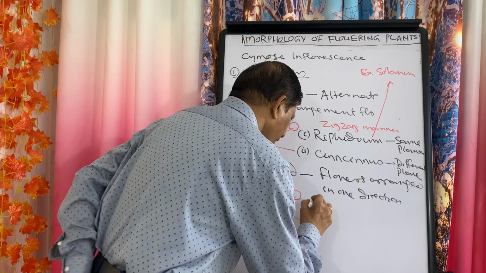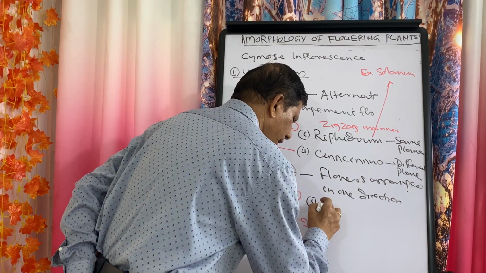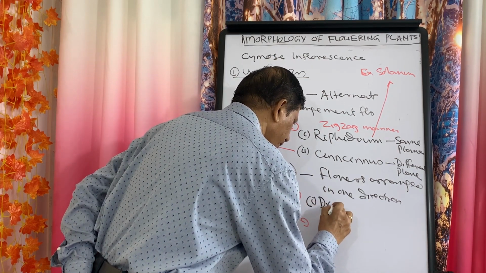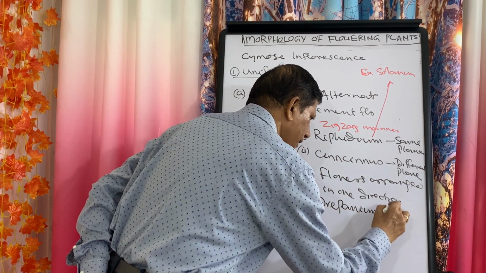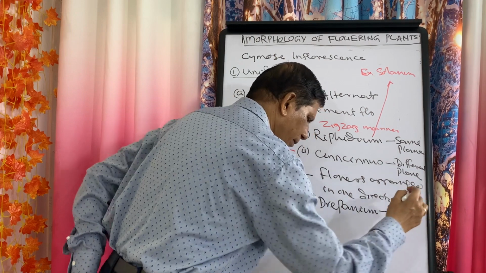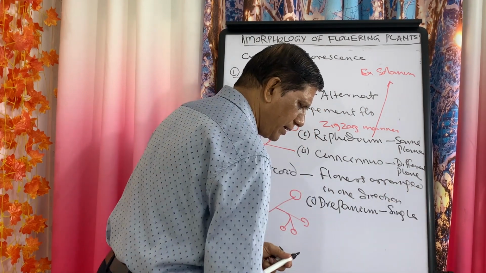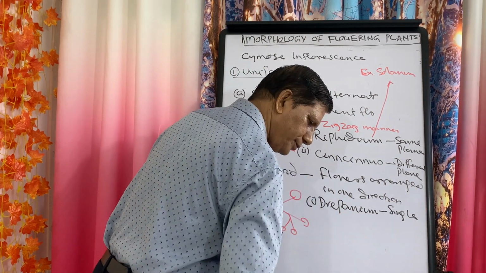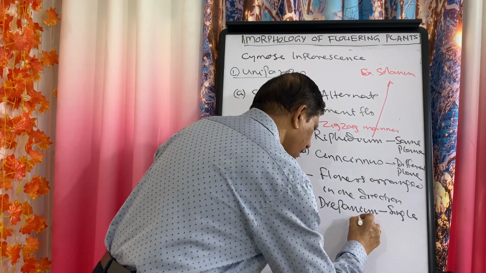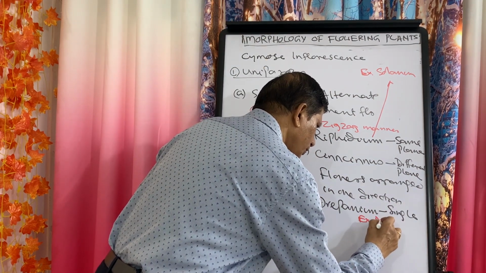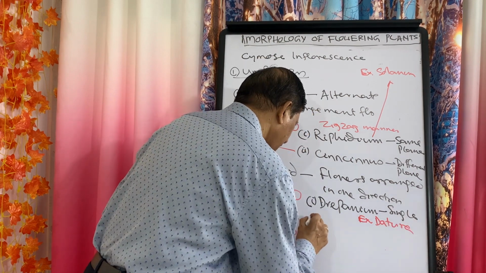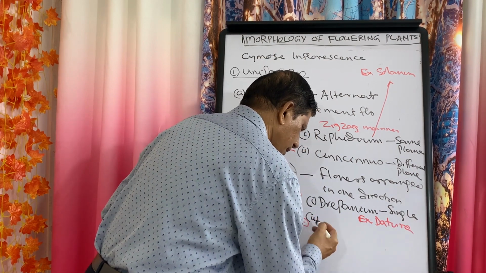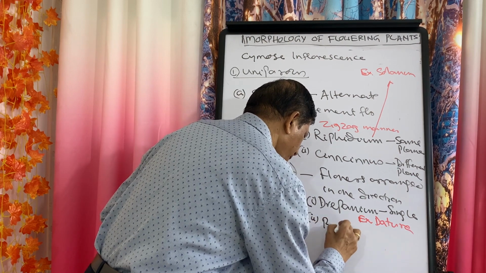Number one, it may be drepanium, that means present in a single plane, and the common example we can take is Datura. While the second one is known as bostryx.